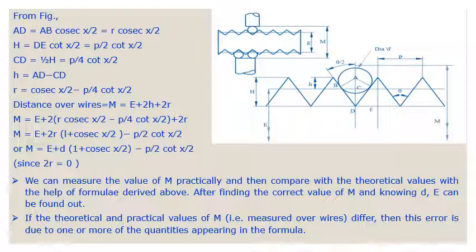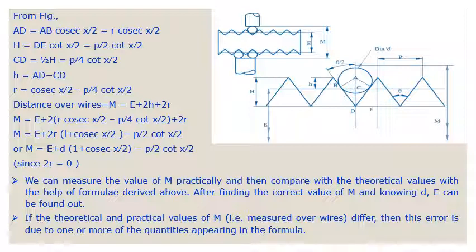And further, capital H is equal to p by 2 of cot of x by 2. It is also a similar expression which we derived in the earlier slide for the two wire method, which is nothing but CD is equal to half of H. So we can rewrite it as p by 4 of cot of x by 2.